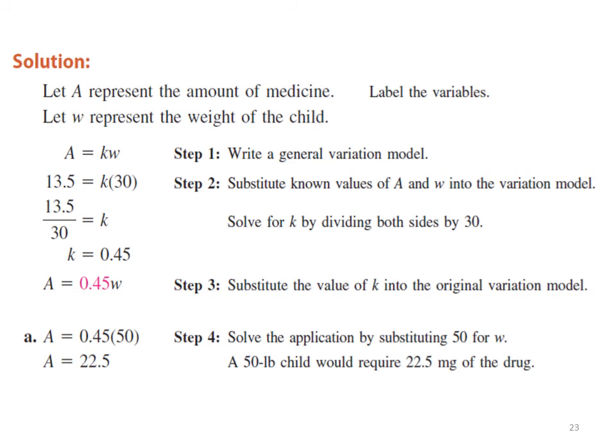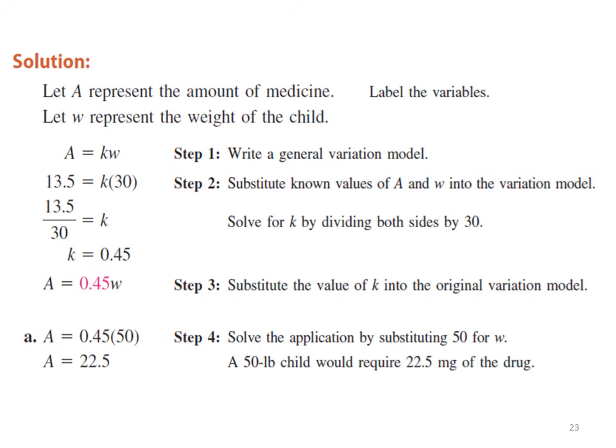Now K is equal to 13.5 divided by 30. K is equal to 0.45. Now my model, substituting the value for K, will be A equals 0.45 times W. The amount of medicine you give to a child is equal to 0.45 times the weight of the child.